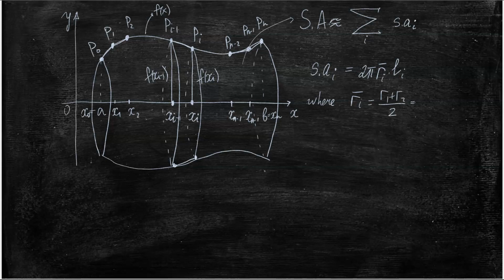So in this case, it will be f of x i minus 1 plus f of x i over 2, and L i is the length of this line segment that connects the two points, P i minus 1 and P i.